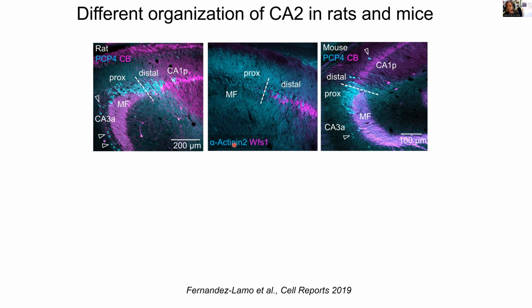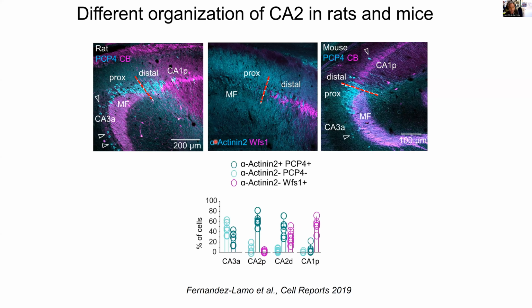Another marker of CA2 that works well with immunostaining is alpha-actinin, and we use that one together with a good marker of dorsal CA1 cells, which is FS1, which allows us to identify clearly the shadow of the mossy fibers, the position of the CA1 cells, and expression of CA2 cells.